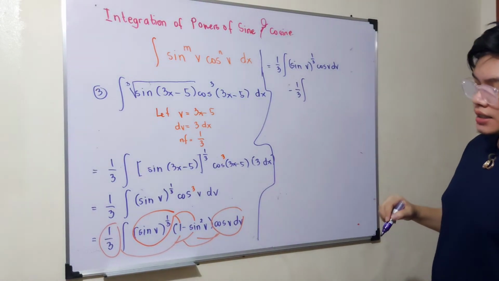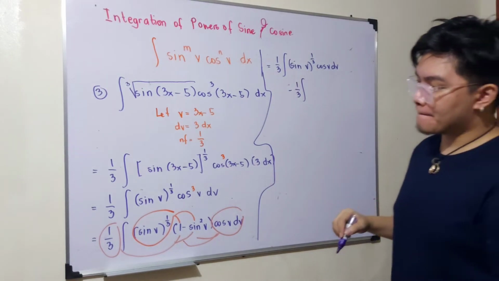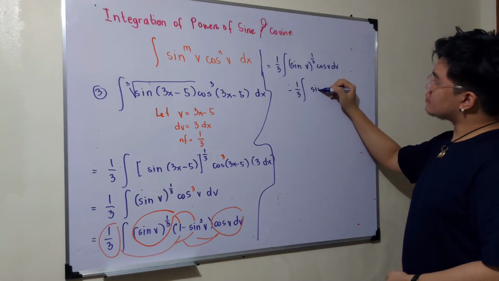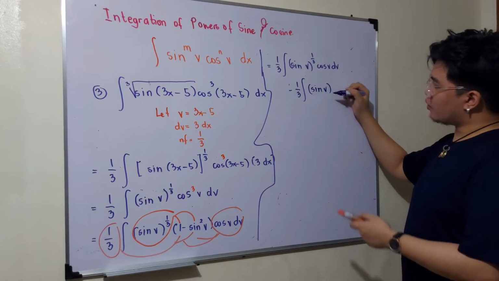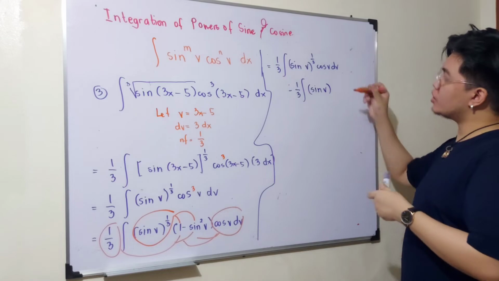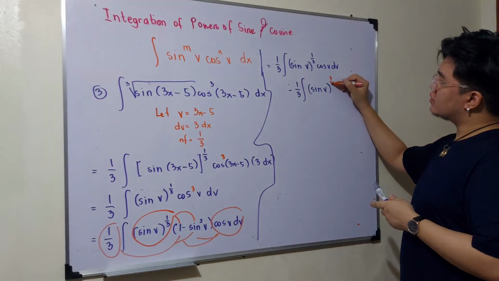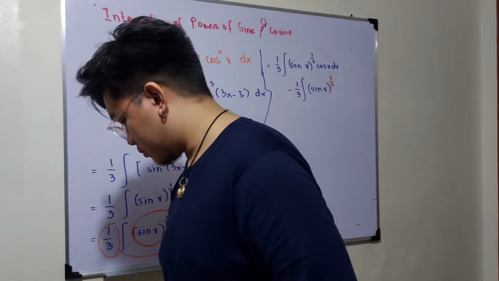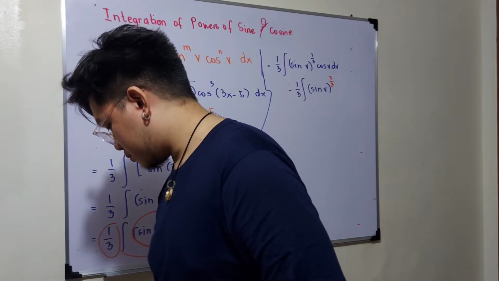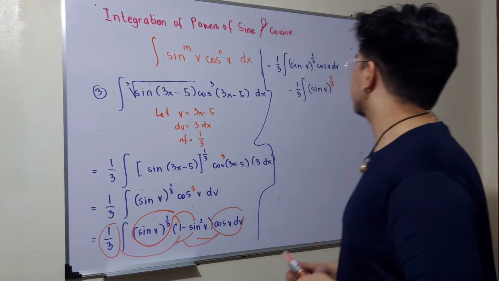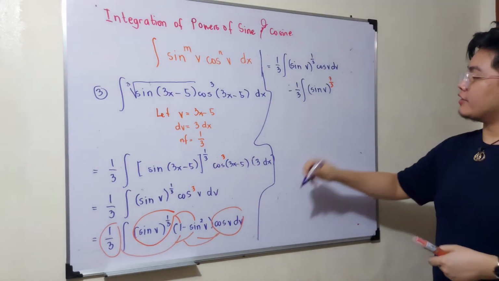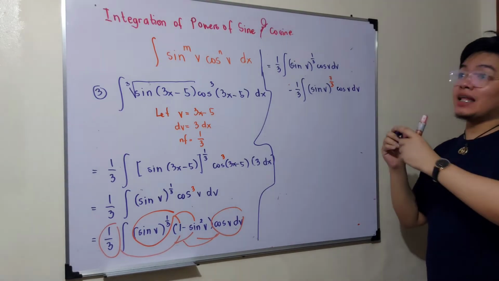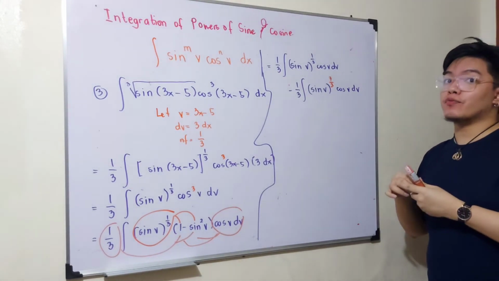So that is 7/3. So we have to be careful with the addition. And then yung cosine V dV. Ayan, so madali na lang din to kasi ito ay power formula lang din.